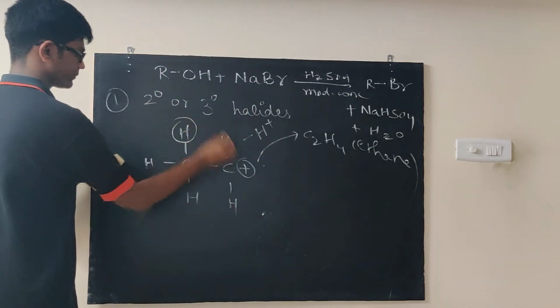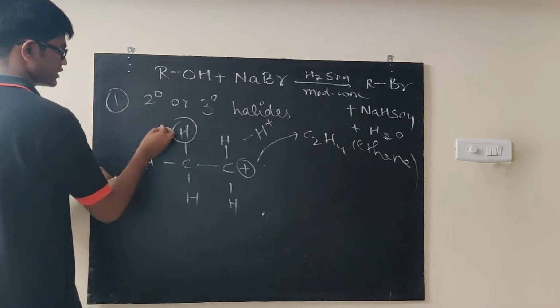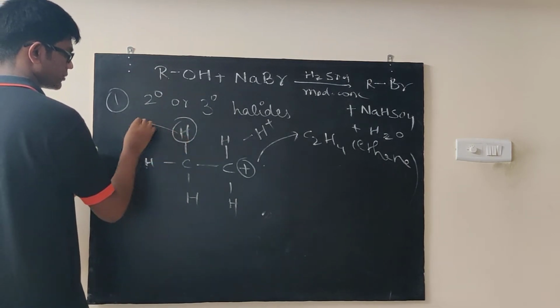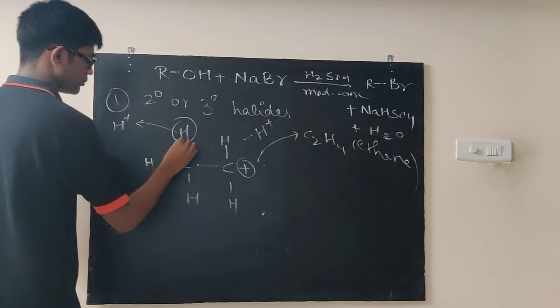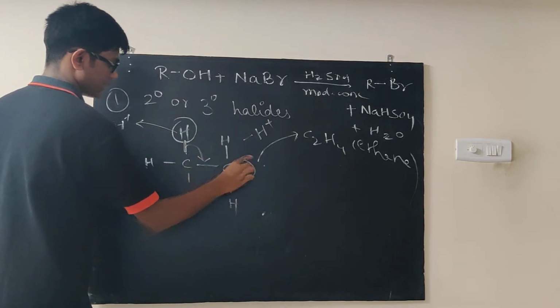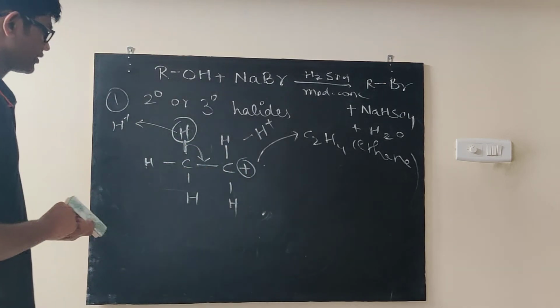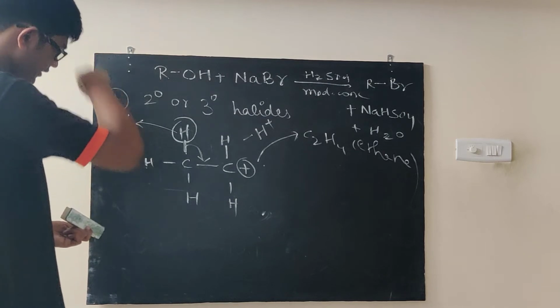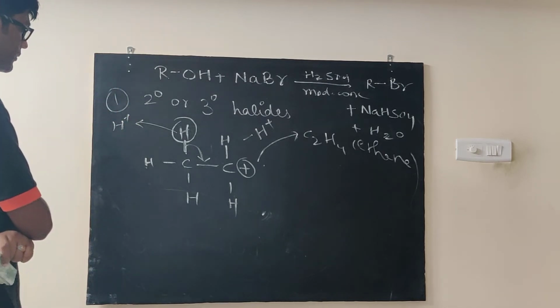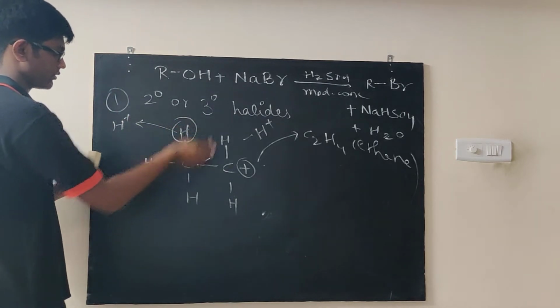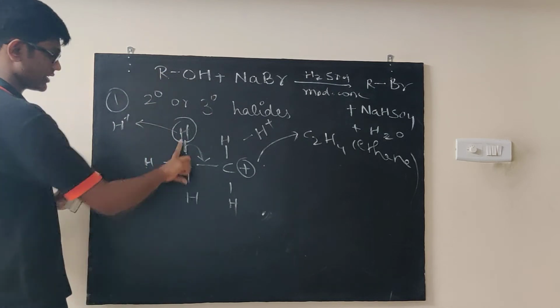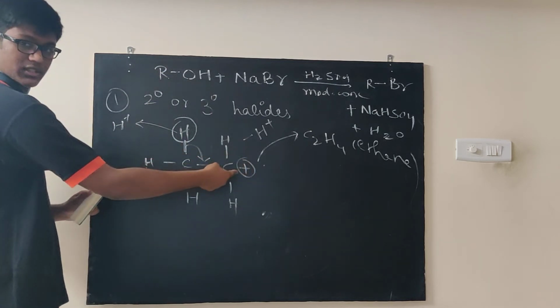This hydrogen is removed as H plus. Okay, so this bond shifts here, thereby neutralizing the positive charge. So this is what we've been doing for so long, removal of H plus and shifting of bond. But generally, you remove H plus and the bond falls on the atom itself, like oxygen. In this case, it just shifts to neutralize this positive charge.